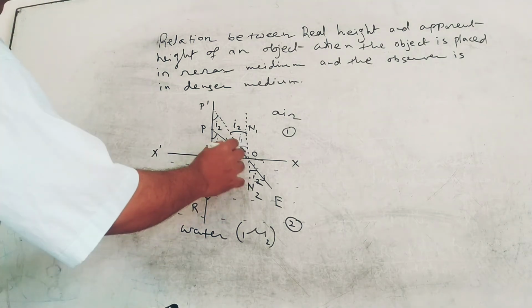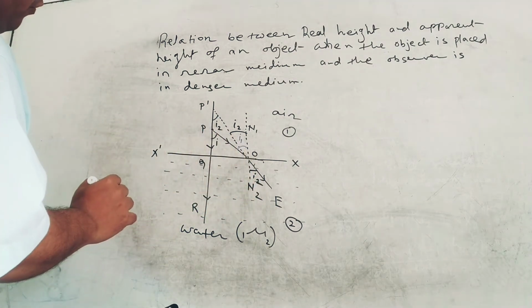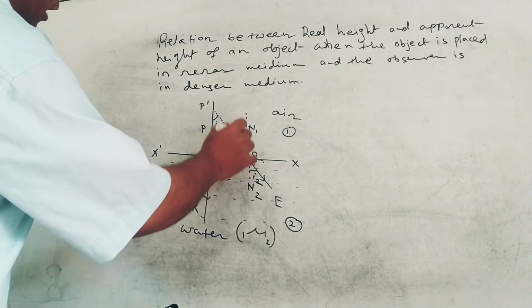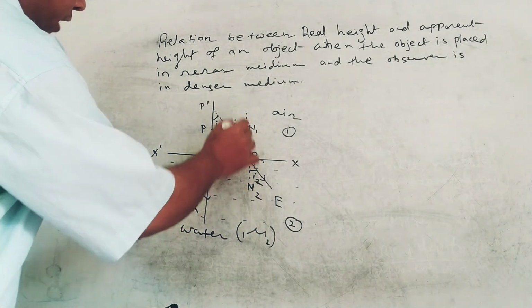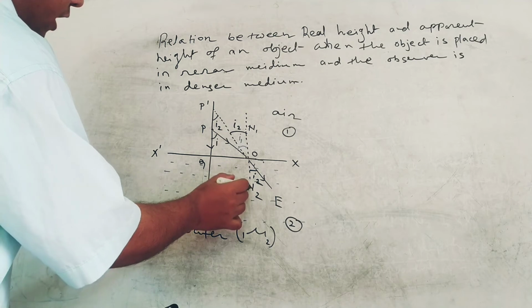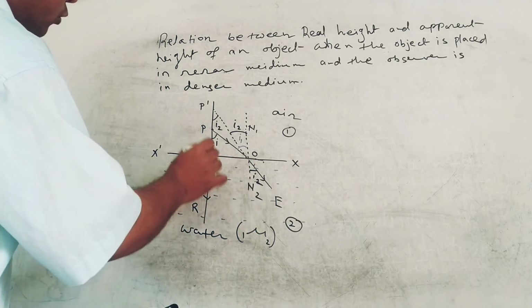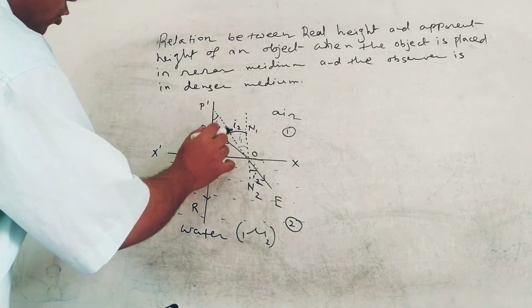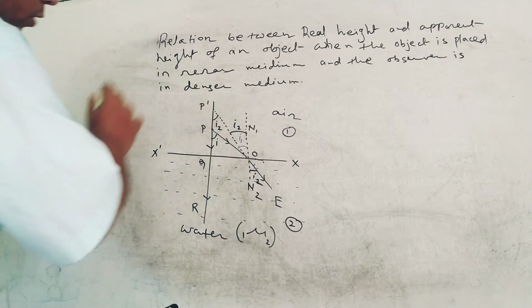And we know N2OE is the angle of refraction and P prime O N1 is vertically opposite to N2OE. That's why P prime O N1 is equal to N2OE.